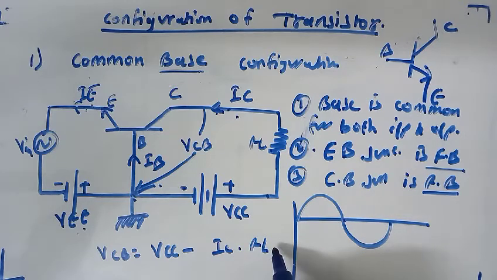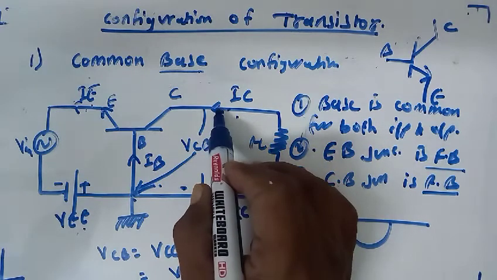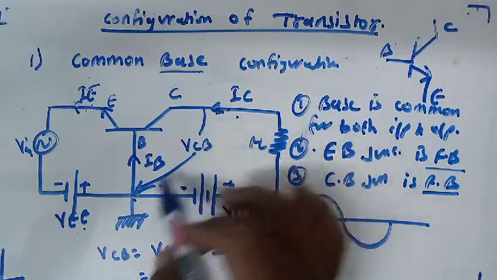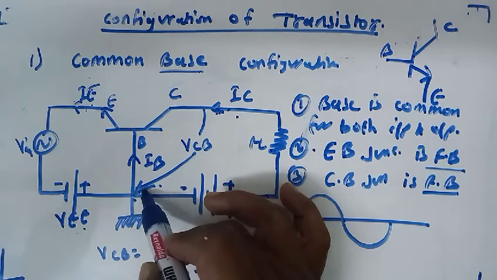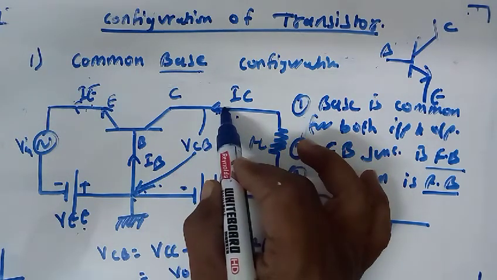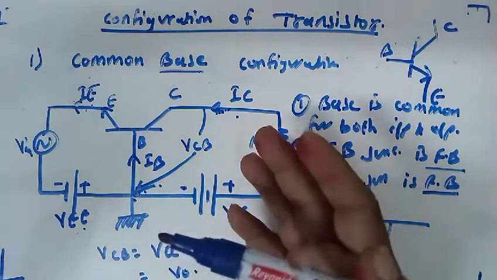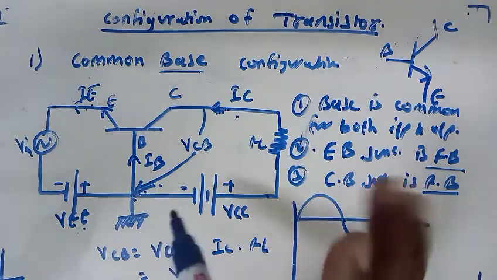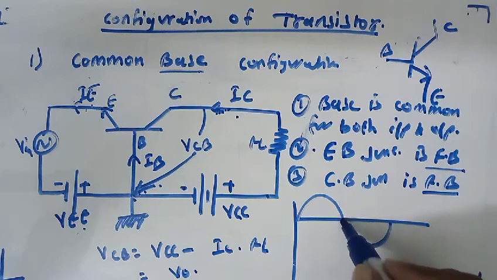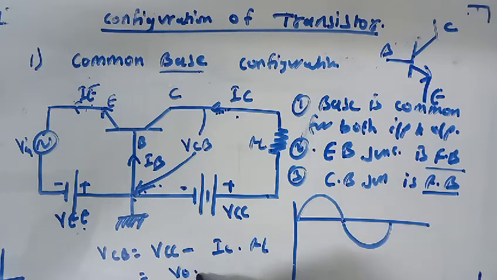Okay, this is nothing but VO. When this particular IC decreases, VCB will increase. If this one decreases, this will increase, and vice versa. Okay students, for this positive half cycle, this will occur.